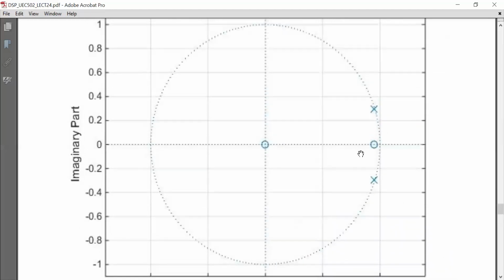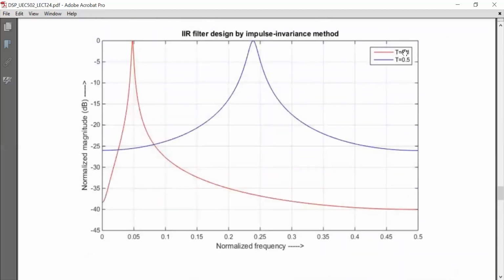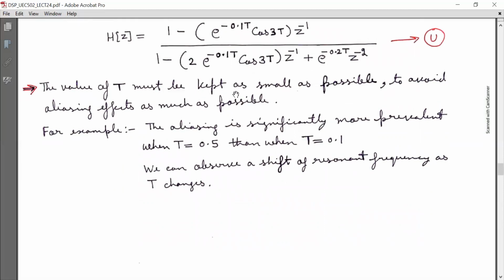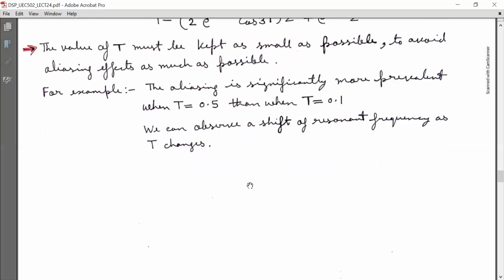So it is quite evident that if I change capital T in the above filter, then the magnitude response is going to change drastically. So this is the H(z), the system function of the digital IIR filter designed by using the impulse invariance method, whose magnitude response is highly dependent on the value of capital T. As per the analysis, we need to keep capital T as small as possible.